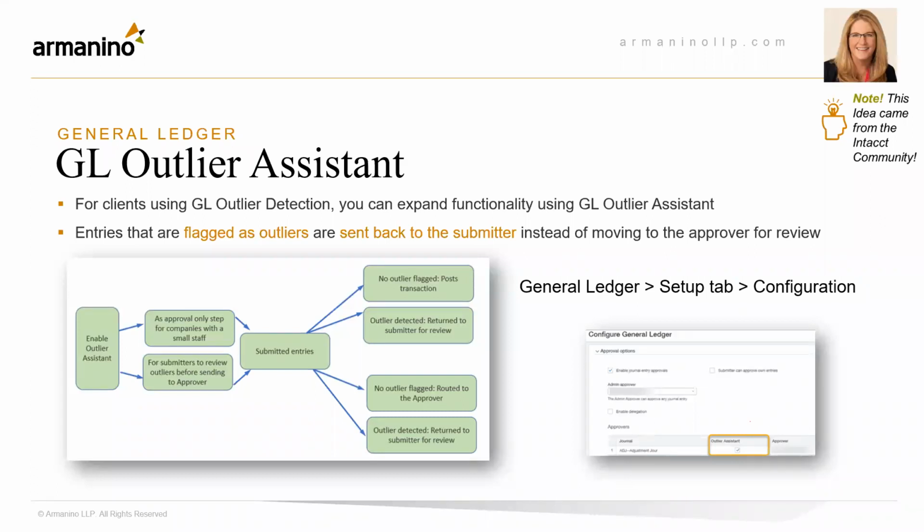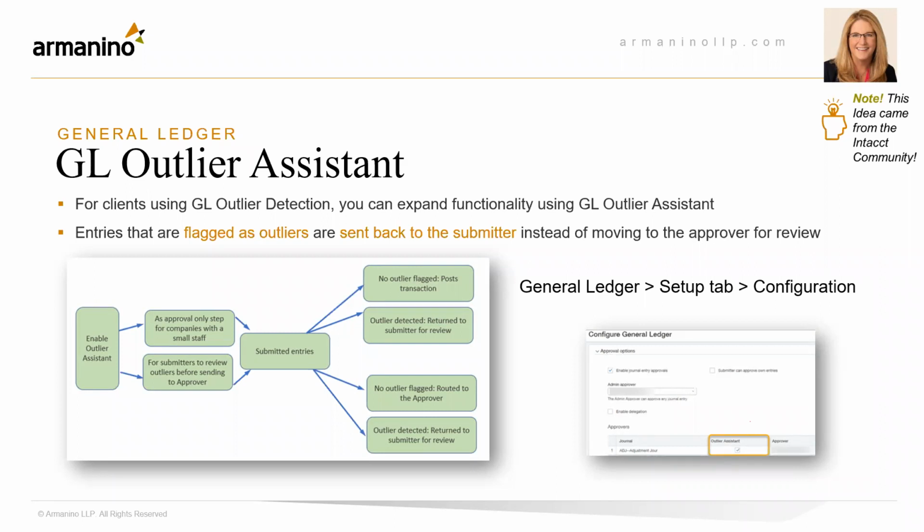Okay, so next thing is we know the GL outlier detection has been in production here for quite a while. They've now added the GL outlier assistant. So for clients that are using the GL outlier detection, you have expanded functionality using the GL outlier assistant.